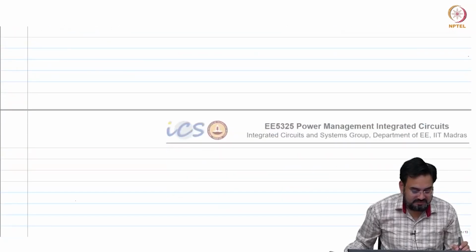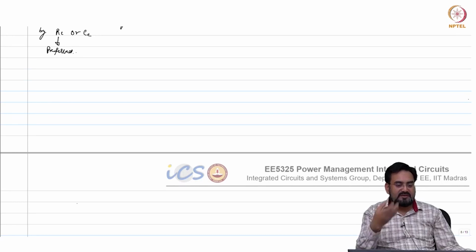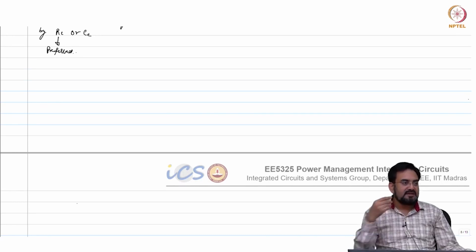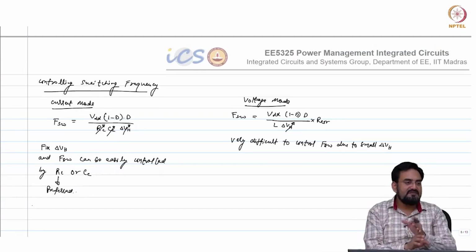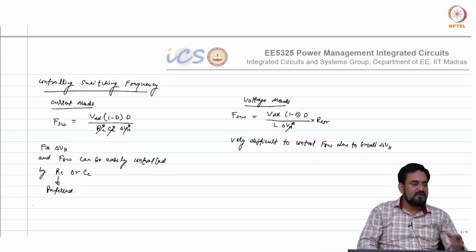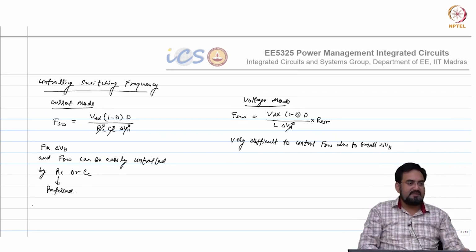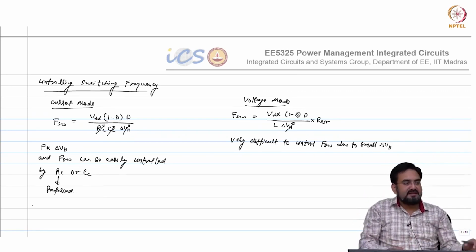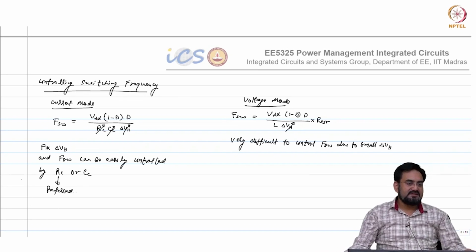So what does it mean? Why do we want to control the frequency? We know it's varying. Now we have a way where we can operate at a fixed frequency. If I want to operate at 1 megahertz at 50% duty cycle, when it's varying, I can always fix it at 1 megahertz by simply controlling the RC. What will RC do?